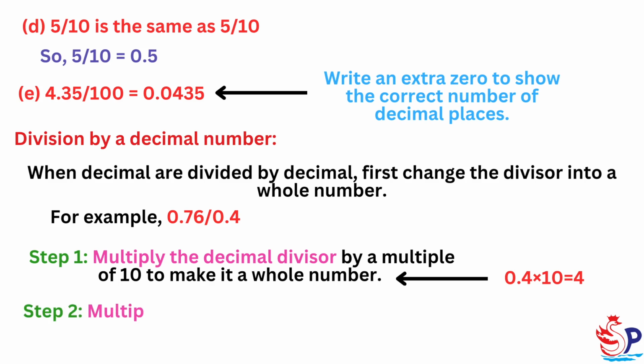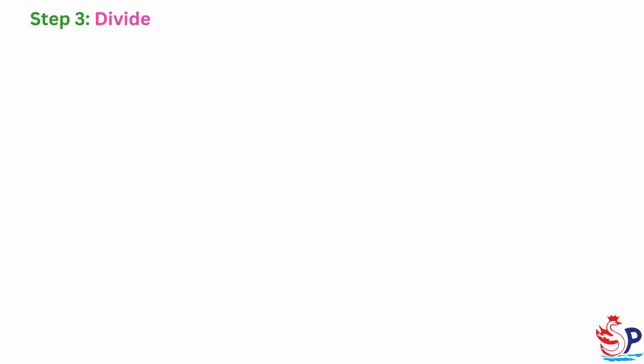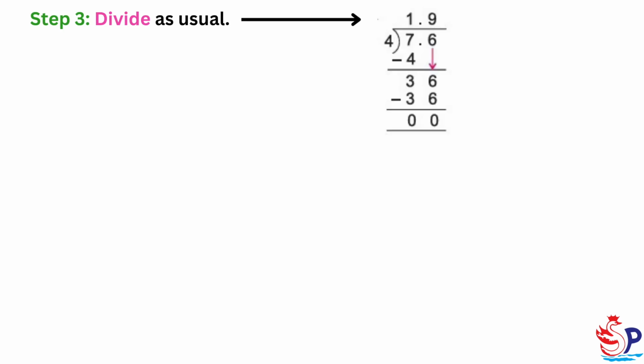Step 2. Multiply the dividend by the same multiple of 10. 0.76 times 10 equals 7.6. Step 3. Divide as usual. Answer. 0.76 divided by 0.4 equals 1.9.